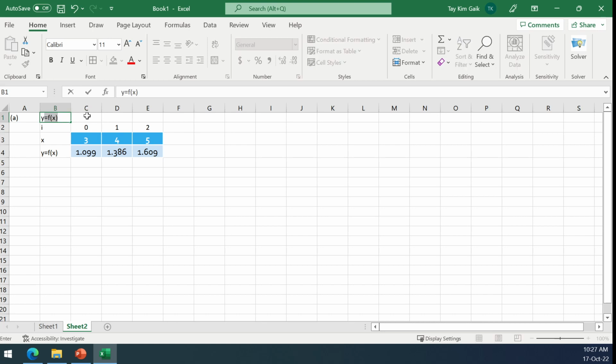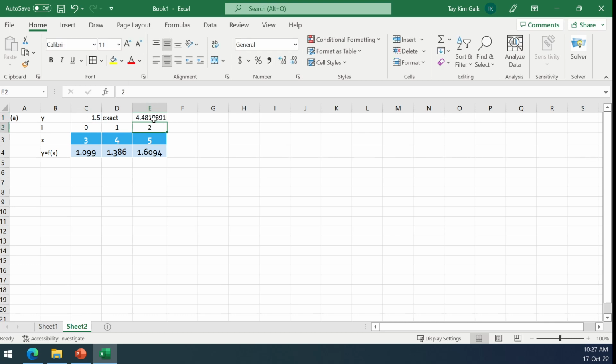Now given the y value is 1.5, your exact is actually exponent 1.5. So the exact value is 4.4817.